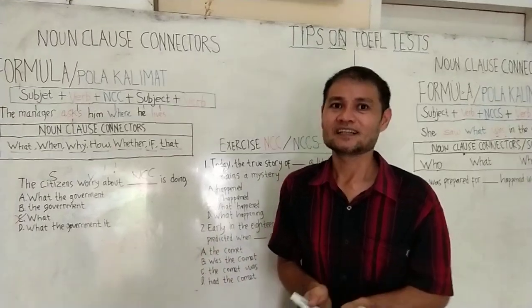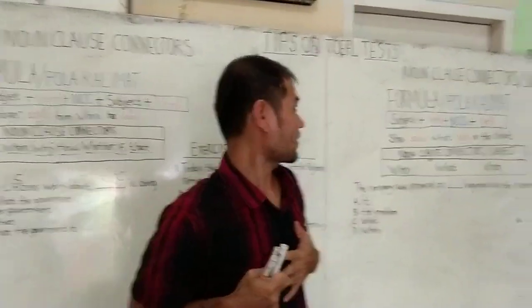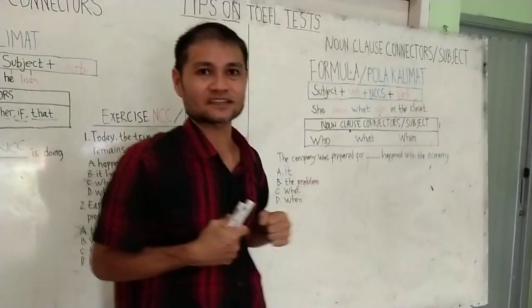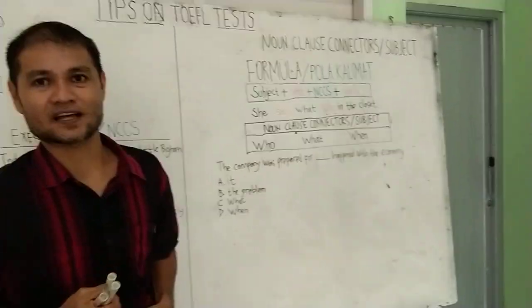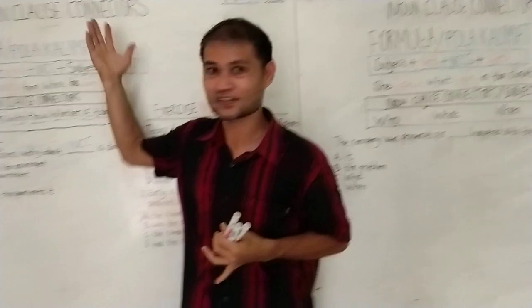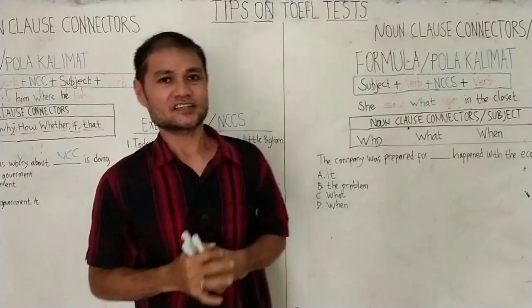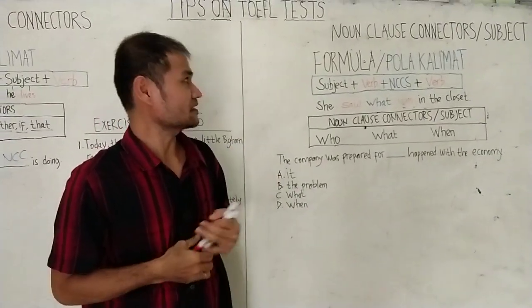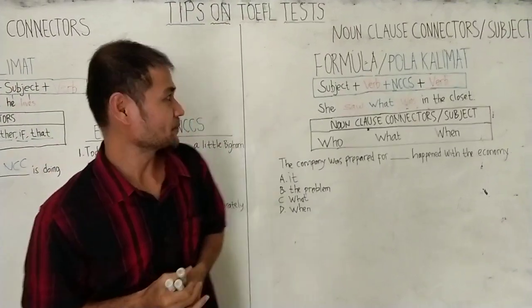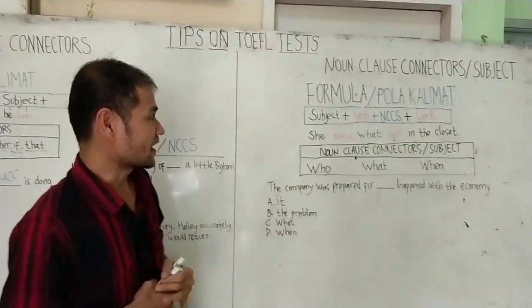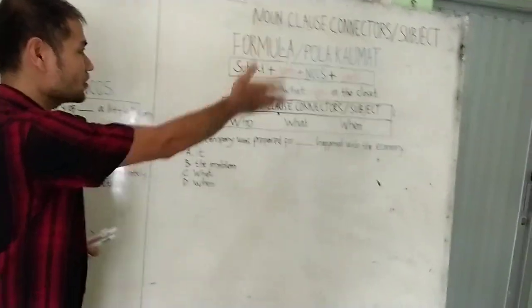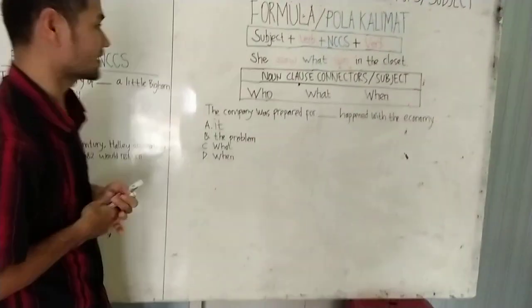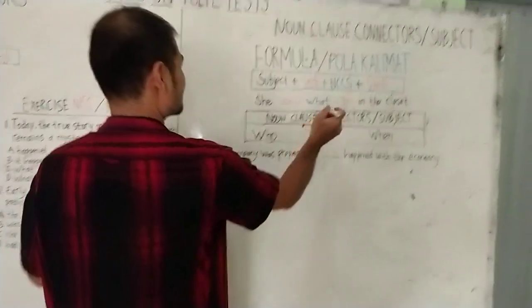Okay? Let's compare with noun clause connectors as subject. It has the formula just like noun clause connector, but the difference is that in the formula, only a verb follows after NCC here.